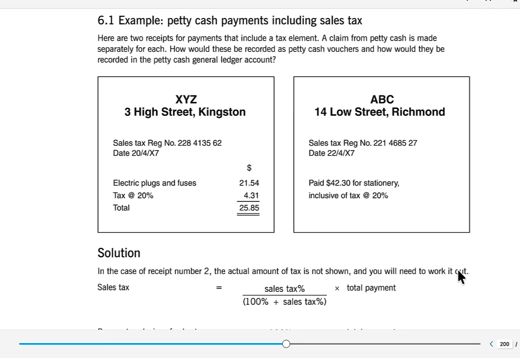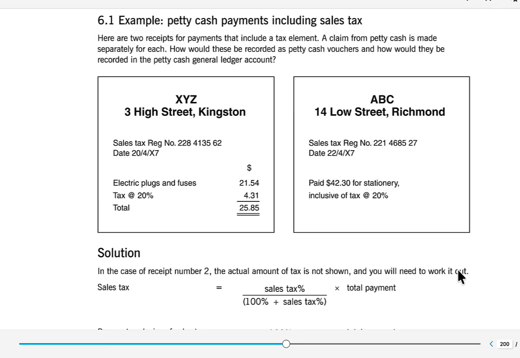The sales tax at the rate of 20%. Amount is $4.31. 3. The total paid from petty cash. Amount is $25.85. So in this first receipt, we do not need to calculate anything because the receipt already split the total into net cost, then sales tax, then total.